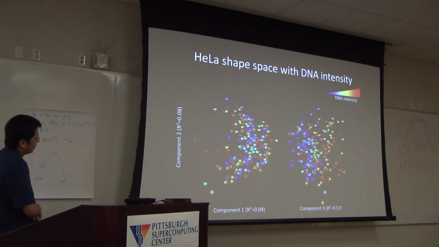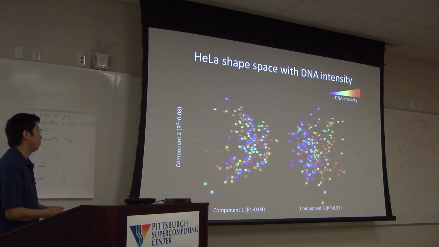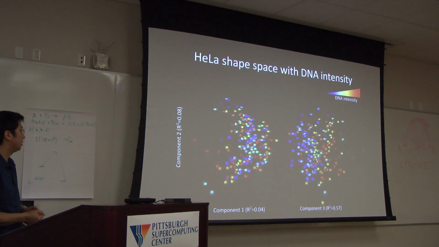Another application is to study the relationship between some protein or DNA intensity and shape. Here we want to see if there is any relationship between the morphology and the DNA intensity.